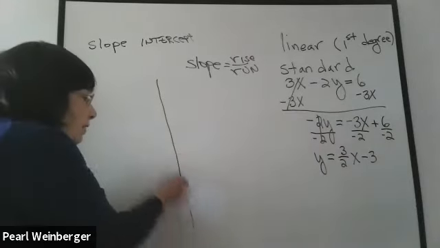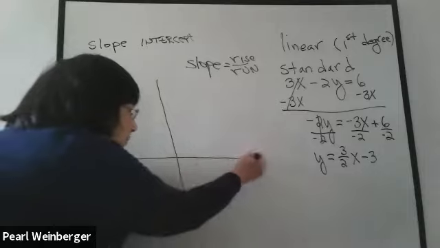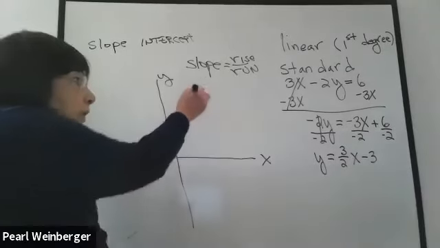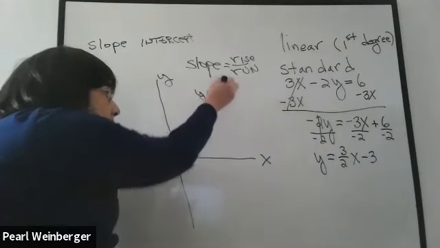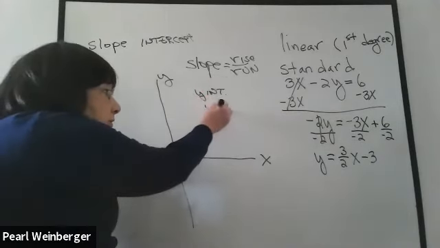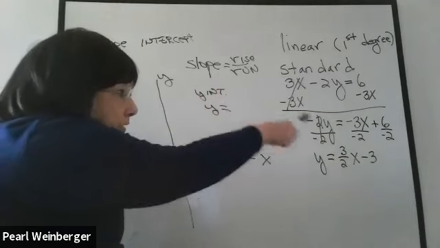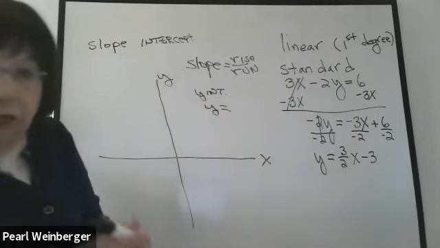Okay. Thank you. So let's see how we would graph this line using the slope-intercept. We always start with the y-intercept. What did we say the y-intercept is? Let's look at it. The y-intercept is a number that stands alone.